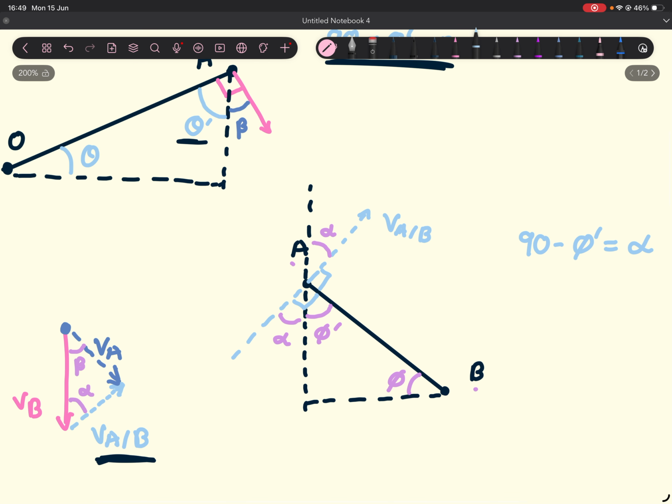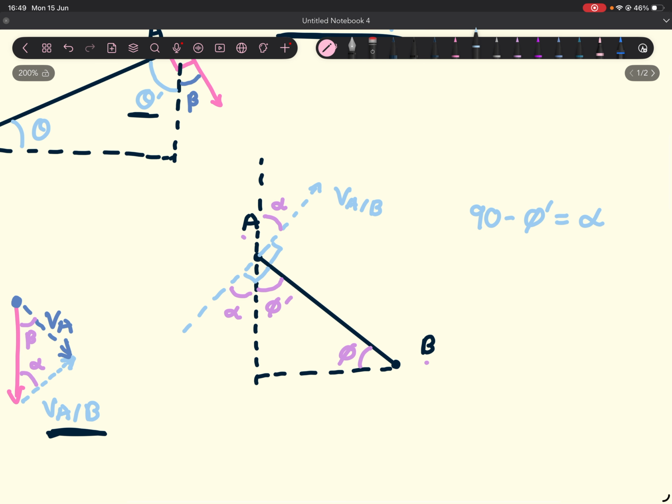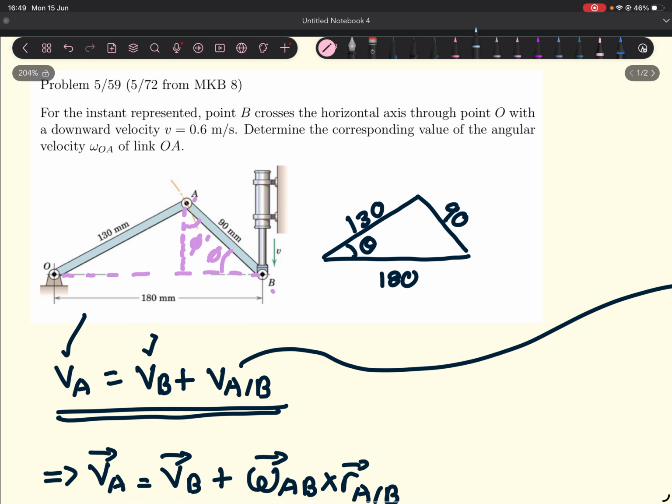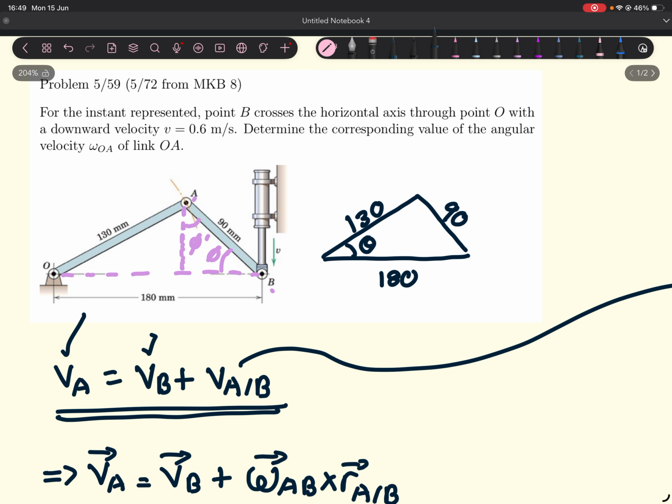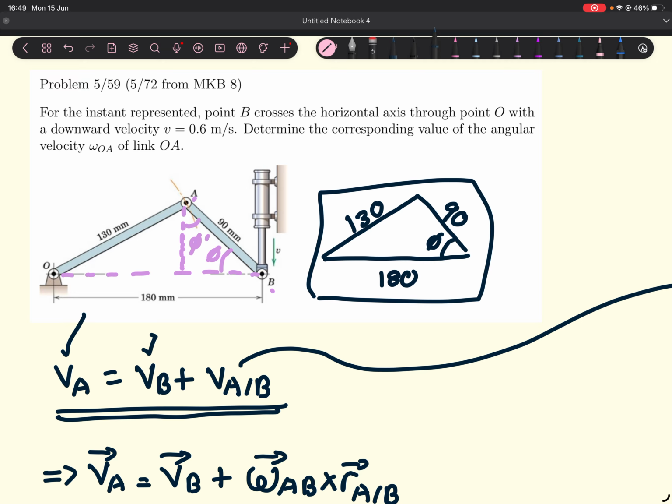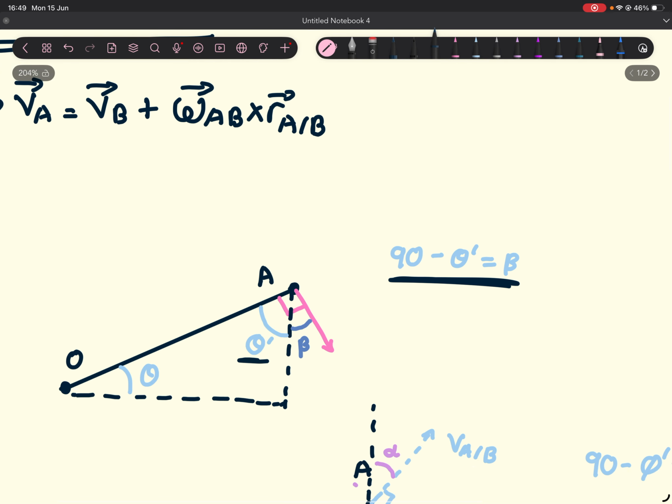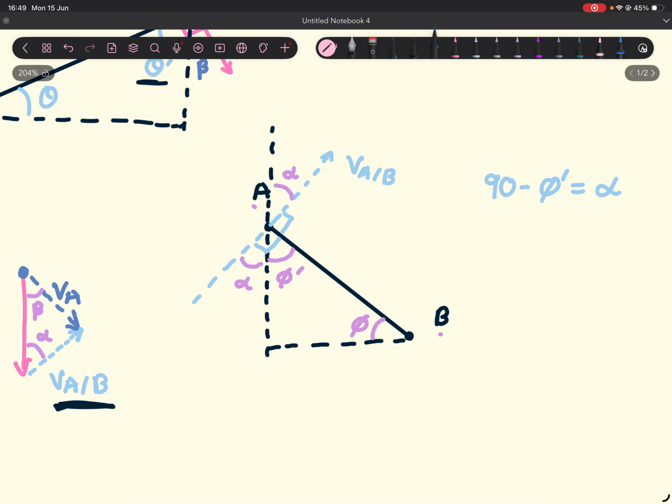Cool. So again, we can use cos rule, but this time we're looking for phi. So we use this triangle, apply cos rule, solve for phi, and then use sum of angles in a triangle to get phi prime, and then 90 minus phi prime will give us alpha.